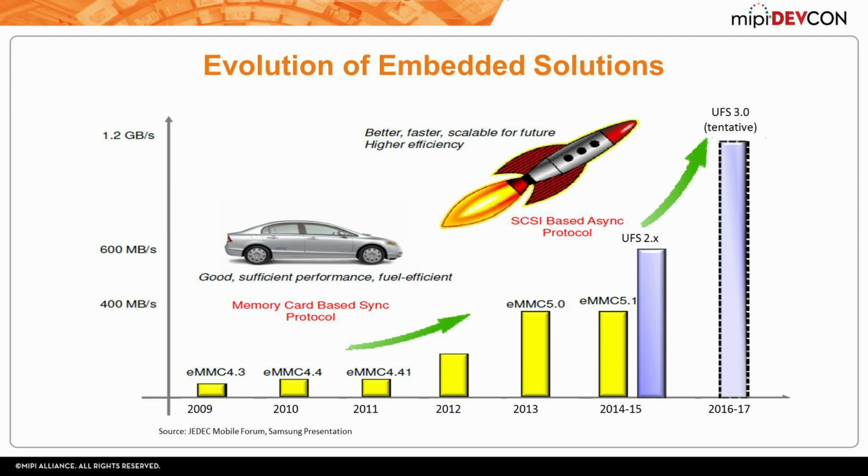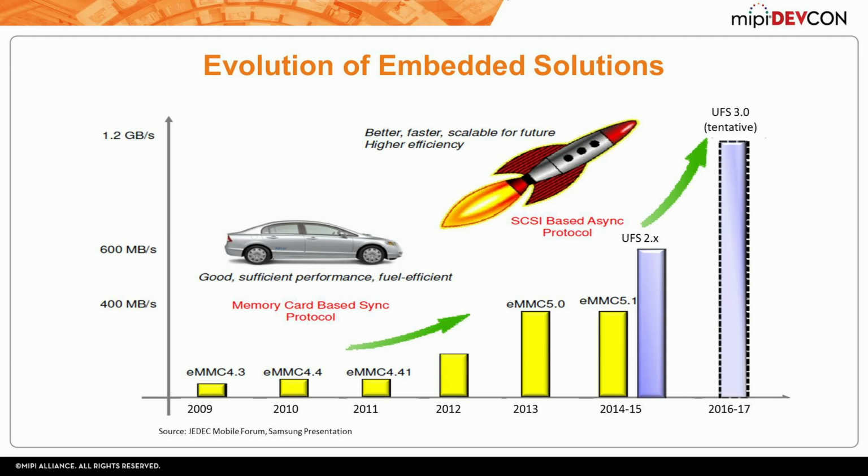Here is the performance of the embedded solutions in recent years. As you can see, there has been an increase in performance, especially due to the requirements of mobile applications.